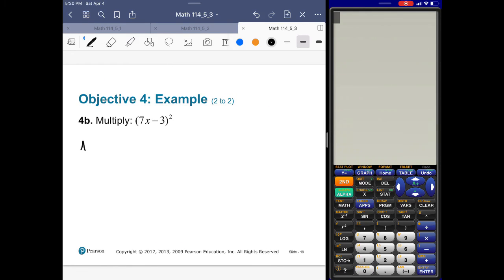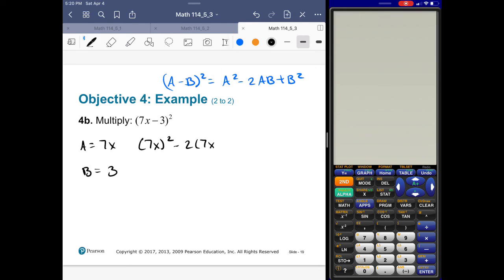So on this one, we have that a is equal to 7x, b is equal to 3. The formula is a minus b squared is equal to a squared minus 2ab plus b squared. So I have 7x squared minus 2 times 7x times 3 plus 3 squared.